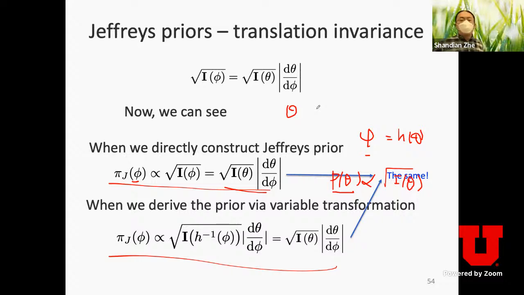That's the amazing property of Jeffrey's priors. When you apply Jeffrey's priors, you really don't need to worry about what kind of invariance is expected in your likelihood. As long as your likelihood shows some kind of invariance, the Jeffrey prior will automatically satisfy that invariance as well.